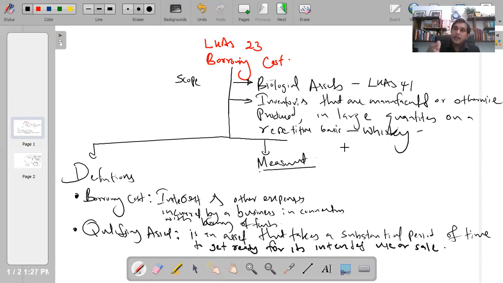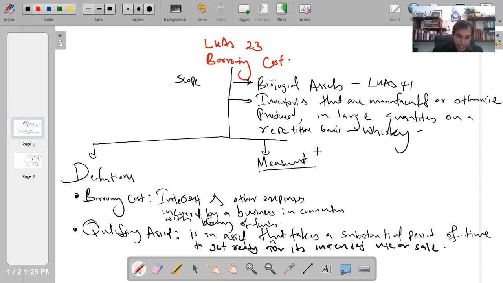Then when entities are running, the loan amount would sometimes be used to construct or build qualifying assets, right? Then there is a problem of how to measure the borrowing cost to be capitalized into such a qualifying asset. The standard clearly mentions how this measurement should be done. So let me explain that.